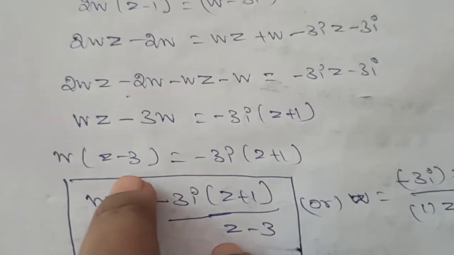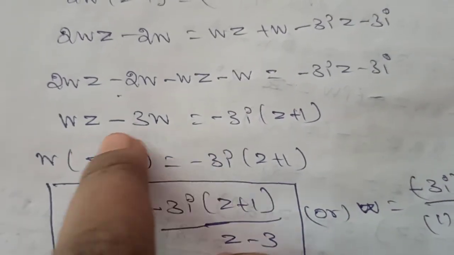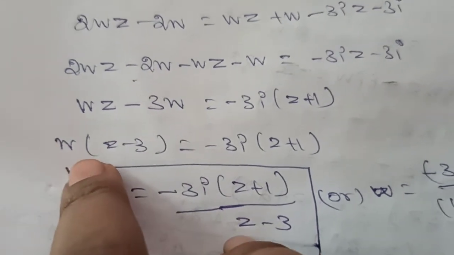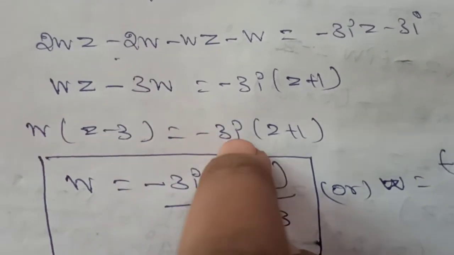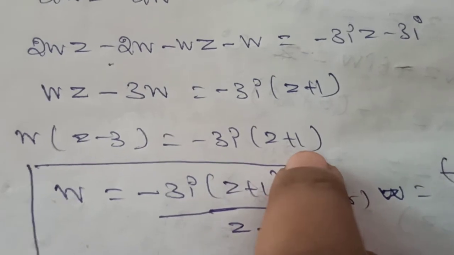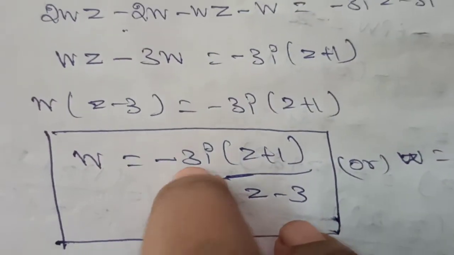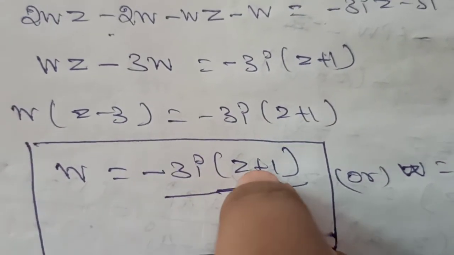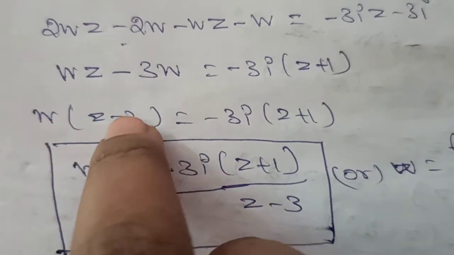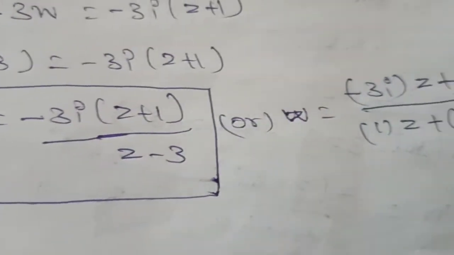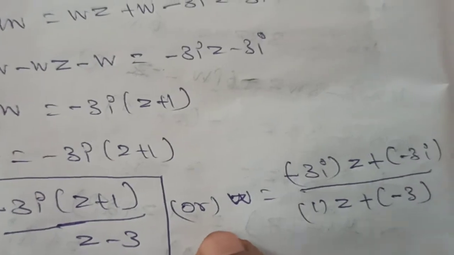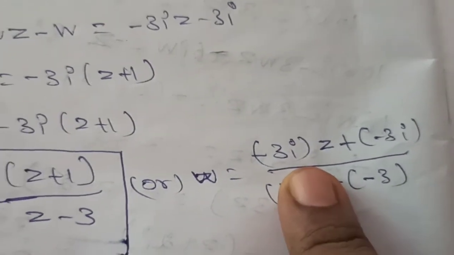These two terms have w common, take it outside: w into (z minus 3) equals minus 3i into (z plus 1). Therefore w equals minus 3i into (z plus 1) divided by (z minus 3). This answer is to be rearranged in the bilinear transformation format.